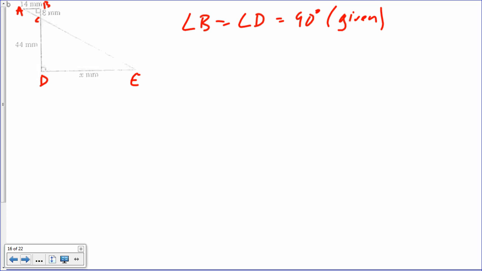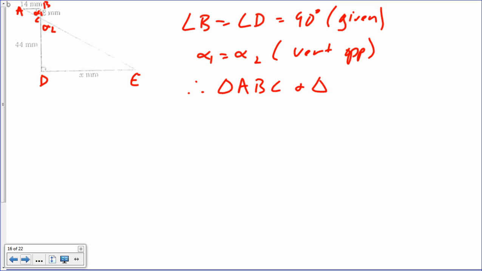And therefore we can call that alpha 1, alpha 2, alpha 1 equals alpha 2, and they are vertically opposite. Therefore triangle ABC and triangle EDC are similar.